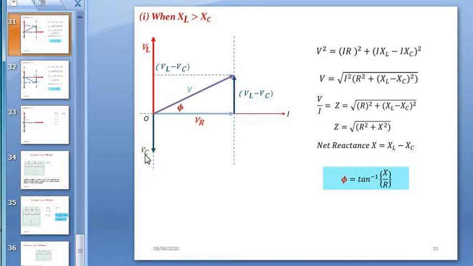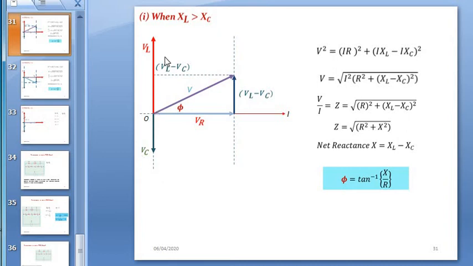Next VC. VC is lagging the current I by 90 degrees, or we can say the current is leading VC by 90 degrees. After plotting this, the vector addition of VL and VC gives you the V. But we can see VL and VC are opposite to each other.